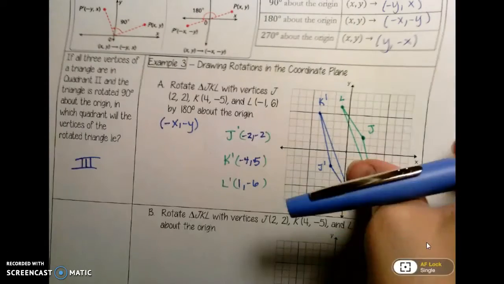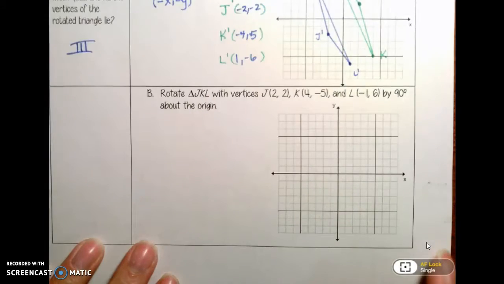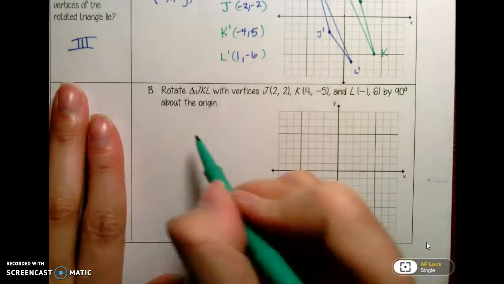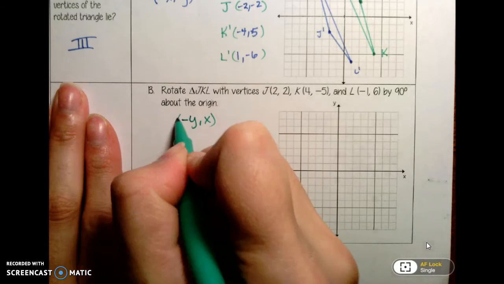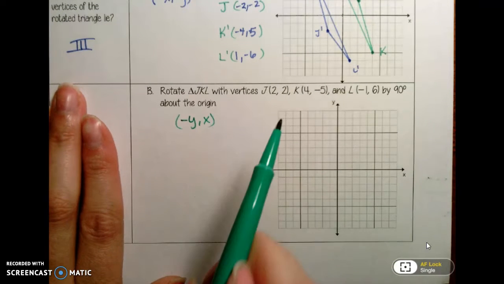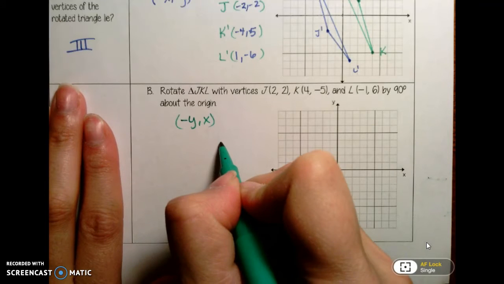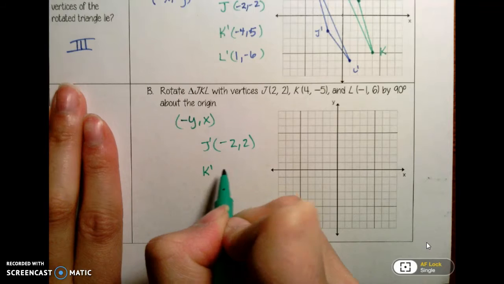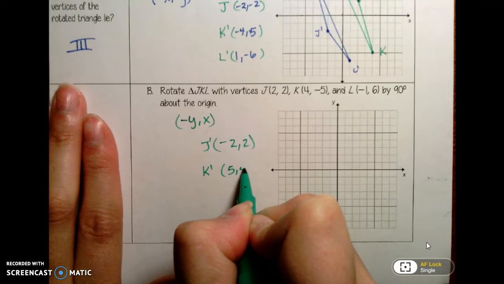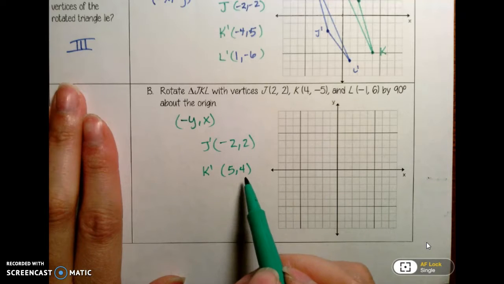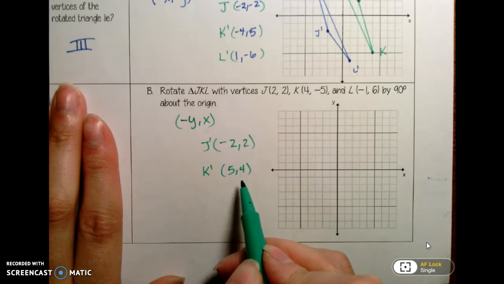All right, so this next one, we're going to rotate it 90 degrees. So I'm going to go ahead and just use the rule for this one, which is (-y, x). And so you would switch your x and y and make your y negative. So this would end up being (-2, 2) for our J prime. K prime would end up being 5, and then we make that 5 positive, and then we keep the x the same but put it in the y's position.